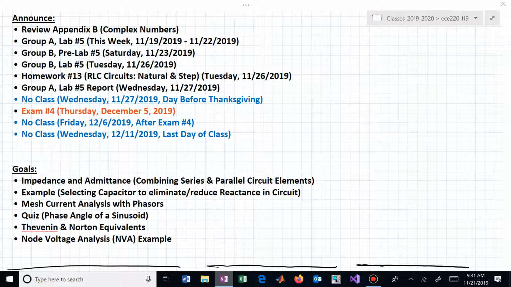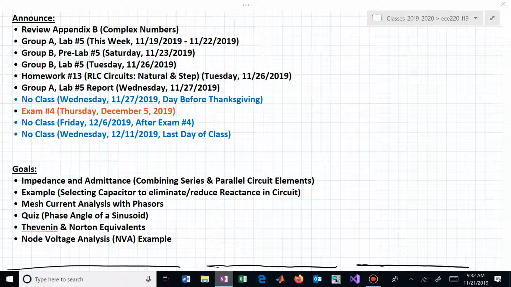Exam 4 will be the week that we come back, and I believe the Monday that we return from the Thanksgiving break, I'm going to have a review session for Exam 4.